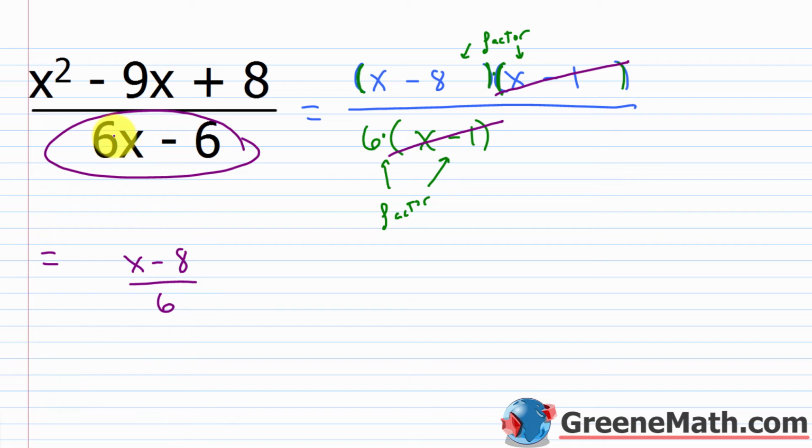If I plug the 1 in there, 6 times 1 is 6, and then 6 minus 6 would be 0. So with this original rational expression, we have a restriction where x cannot be 1. In this simplified version right here, x can be whatever you want because there's no variable in the denominator. By canceling a common factor, we have lost some information.